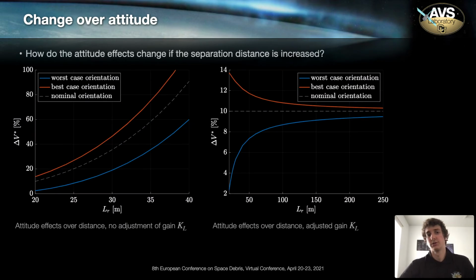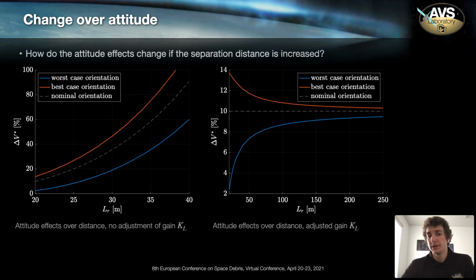So these two figures show how the effect of different debris orientations changes over distance. On the left-hand side, we look at the attitude effects over distance without adjusting the feedback gain. In this case, the critical estimation error increases for both the worst case orientation and the best case orientation.